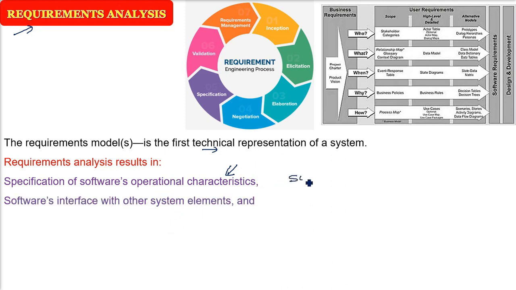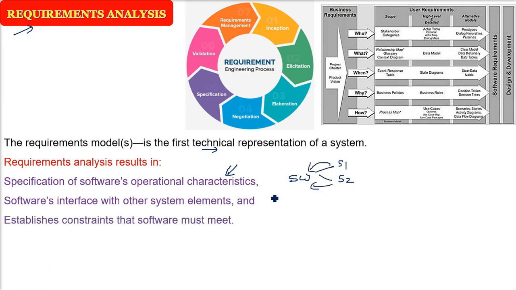Then, because the software will consist of various system elements, various parts, how they are going to be interfaced, and there will be certain constraints. That is, you have to stay inside this or you cannot go outside this. In both ways, requirements analysis establishes the constraints, the boundary that the software needs to attain and must meet.